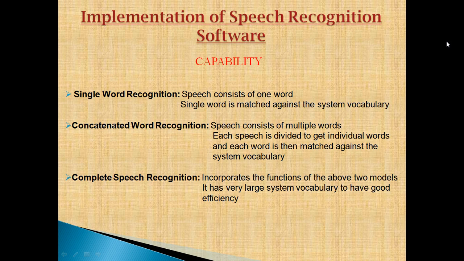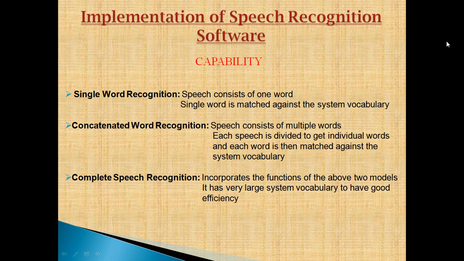First is single word recognition. In single word recognition, the speech consists of only one word. It is spoken, and then the acoustic vectors are defined for this word, and it's matched against the system vocabulary. And if there's a match, we act on it as a command.